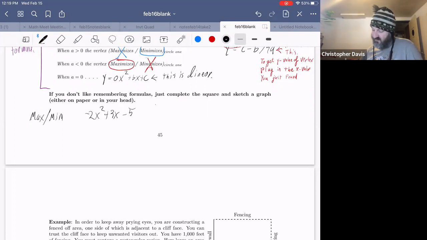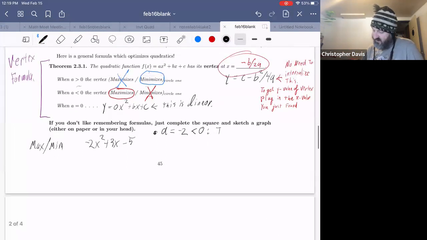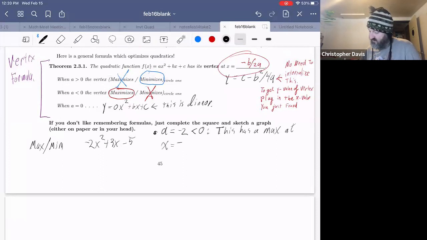So the first thing to note is a equals negative 2 is less than 0. So according to the vertex formula, when a is less than 0, there is a max. This has a maximum value at x equal to the vertex, negative b over 2a.